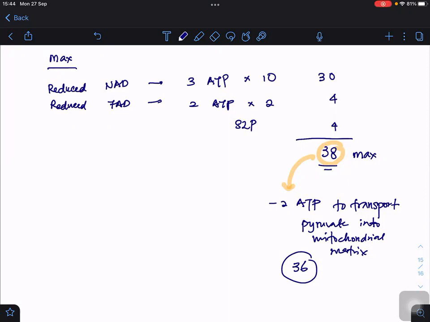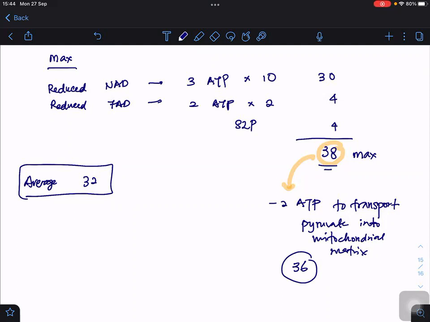So the total maximum is 36. But in our syllabus, we say 32. Why? It is an average. It means we already take into consideration that some of them we spend to bring the pyruvate in, and some are lost as energy loss. So on average, we get 32. So why can we say 2.5 or 1.5? Because that is an average. Are you clear? Average.